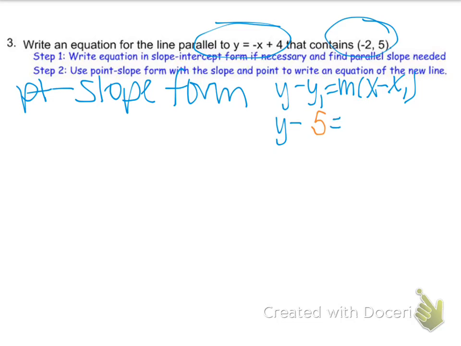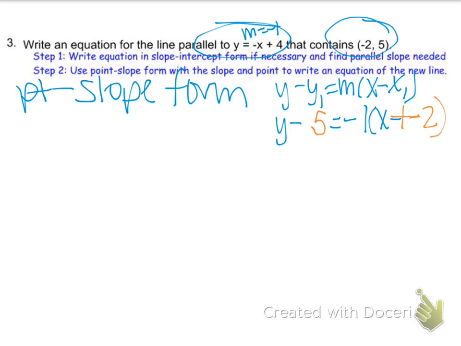To find my m, I look here. This m is negative 1. So that means this m has to be negative 1. Then x minus, well, this point down here has to be negative 2. And I'll make those into one big plus sign, just not to confuse myself.